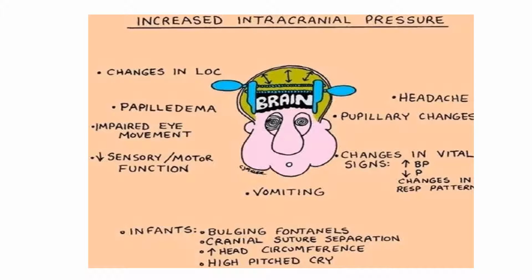So increased intracranial pressure can cause some of these symptoms: changes in or loss of consciousness, impaired eye movement, vomiting, headaches, increase in blood pressure, which leads to a decrease in pulse rate, and the respiratory patterns change. Children are easier to diagnose. They usually have bulging fontanelles, which will be visual, cranial suture separation, and increased head circumference, and they may have a high-pitched cry.